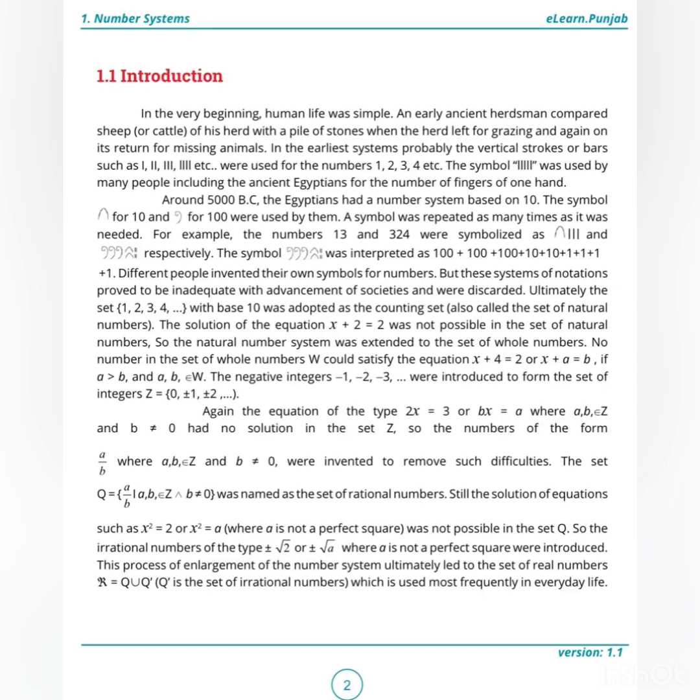Now, what are variables and what are constants? Variables are those values that change their values. That is why they are called variables, because a variable by definition means something that varies.